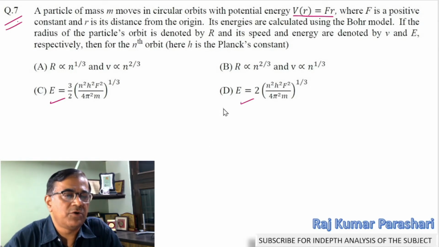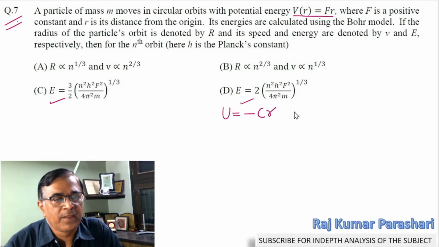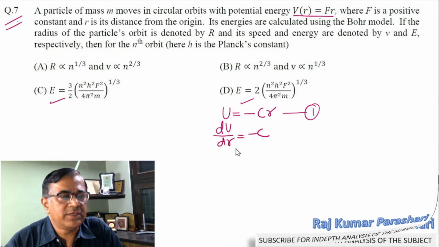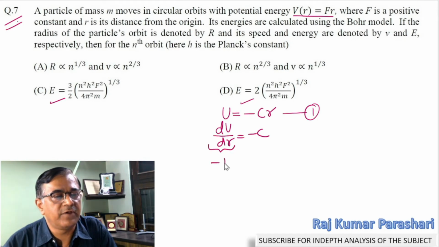So the potential energy of the particle is equal to minus c times r. r is the distance where the particle is from the center, and I have preferred c over f. This is relation number 1. Now differentiate this with respect to r: dU by dr is equal to minus c, and by definition the gradient of potential is the negative of the conservative force, so the conservative force Fc equals c.